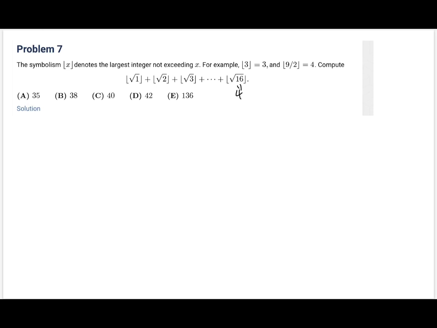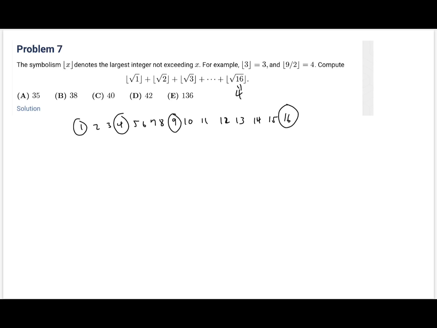And so the largest integer not exceeding x, so let's just write it all out. 1, 2, 3, 4, 5, 6, 7, 8, 9, 10, 11, 12, 13, 14, 15, 16, right? So 1, and then there's 4, and then there's 9, and then there's 16, right?